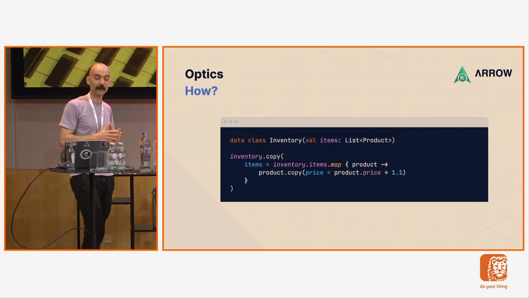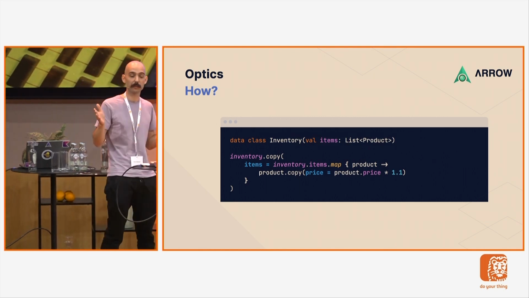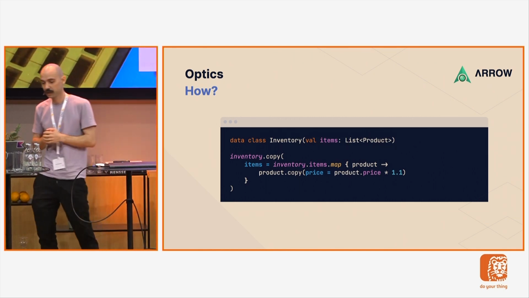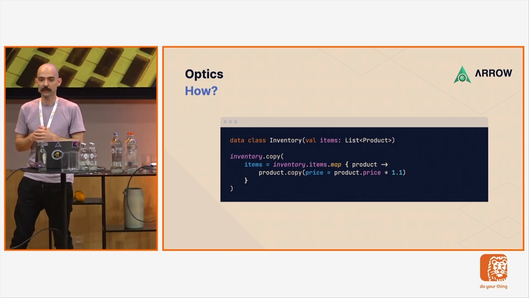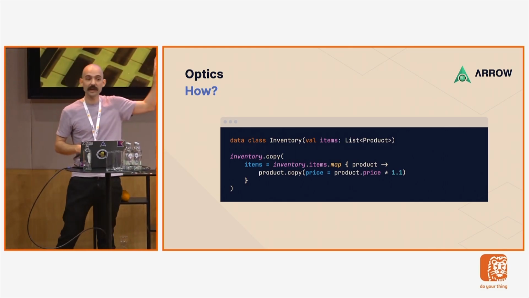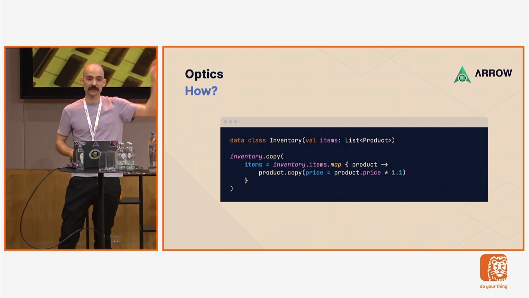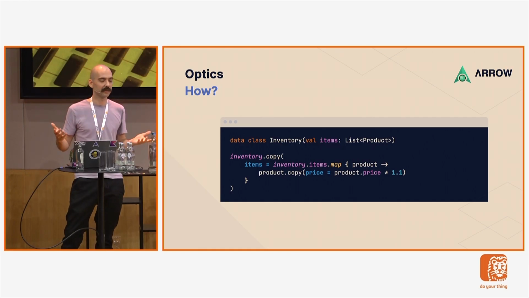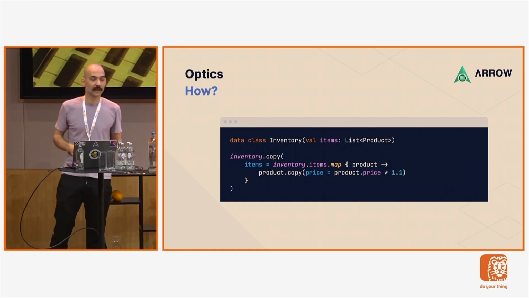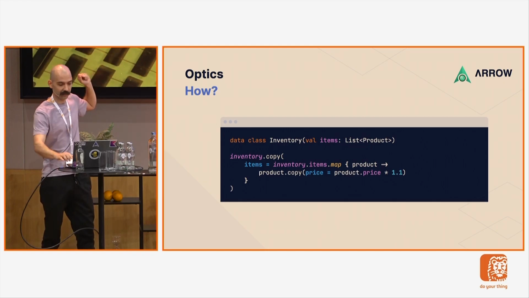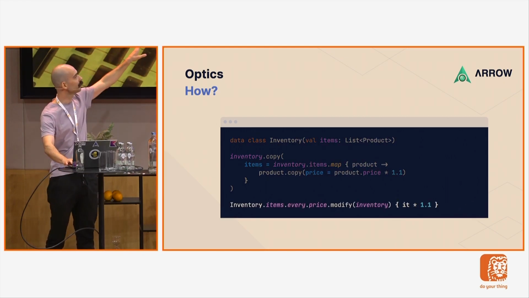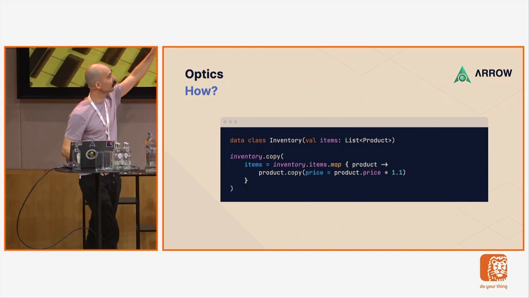But Arrow Optics has much more support than just for data classes. It also has support for collections. So here we have an inventory data class with a collection of products inside. And since we just gave a discount, we need to increase the price. So we are again digging or copying the inventory.